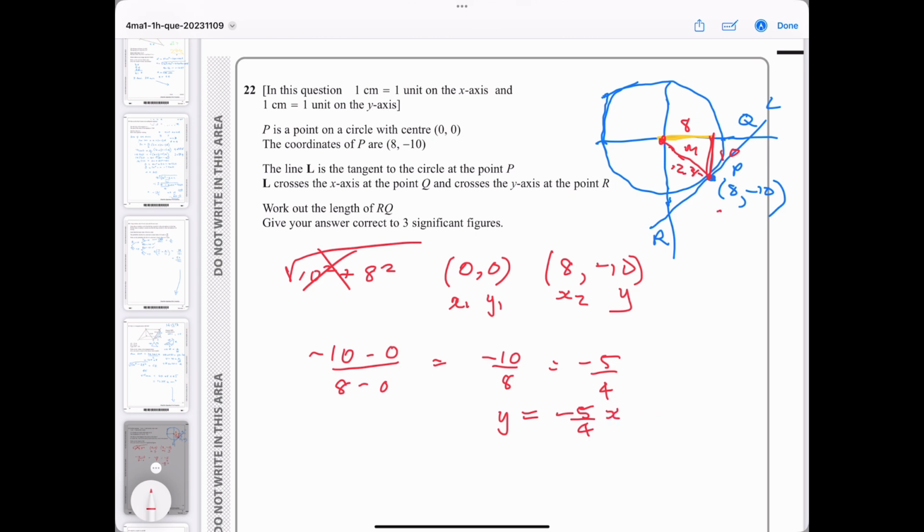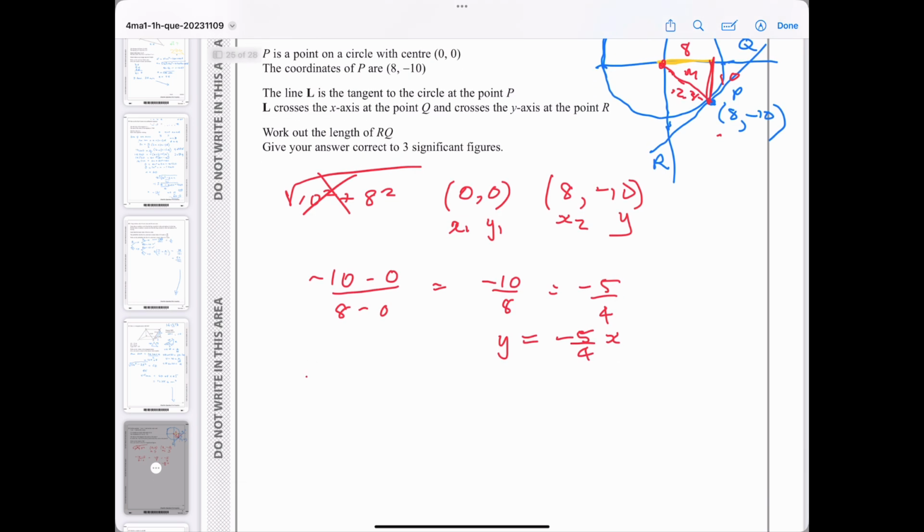So for the tangent, we know that y equals 4 over 5x plus c, because it's the perpendicular, and we can pop that in, so we get minus 10 equals 4/5 times 8 plus c. 4/5 times 8 is 0.8 times 8, which equals 6.4.